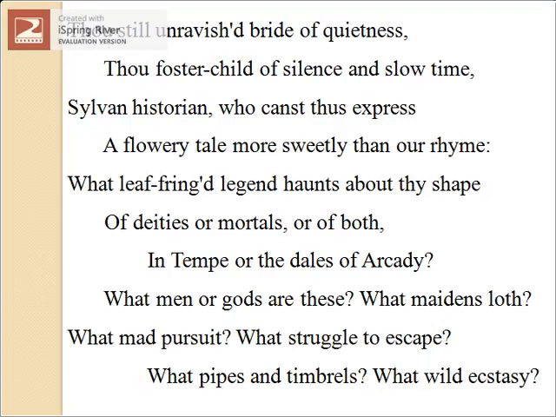The foster child of silence and slow time. So the poet is again personifying time, and he says that it seems the Grecian urn is like the child of slow time. Any father or mother is not going to use a weapon against their children.